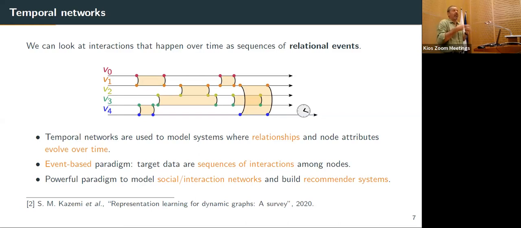Even if I'm Nicosia, it is me, because I connected through my Google account. So interaction is the focus, but nodes are mostly identified. We know that it is me. This is very effective for social interaction networks and recommender systems. This one is a very good reference. So if you have problems that can be cast within this framework, that is it.